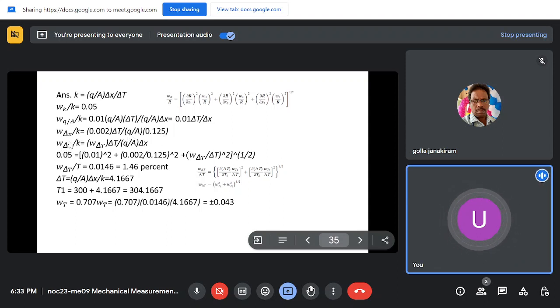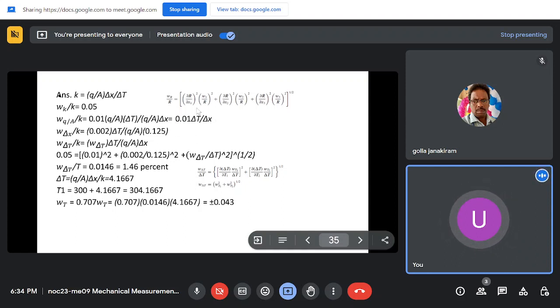Similarly, we calculate it for temperature as well. So we know all the values of heat flux and the delta thickness, uncertainty, everything.